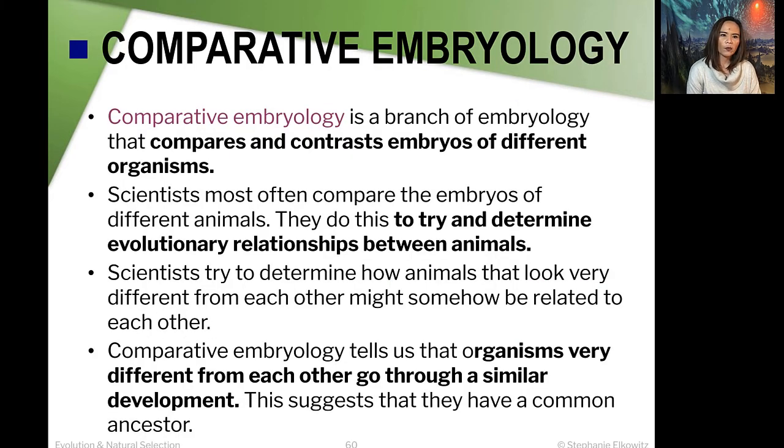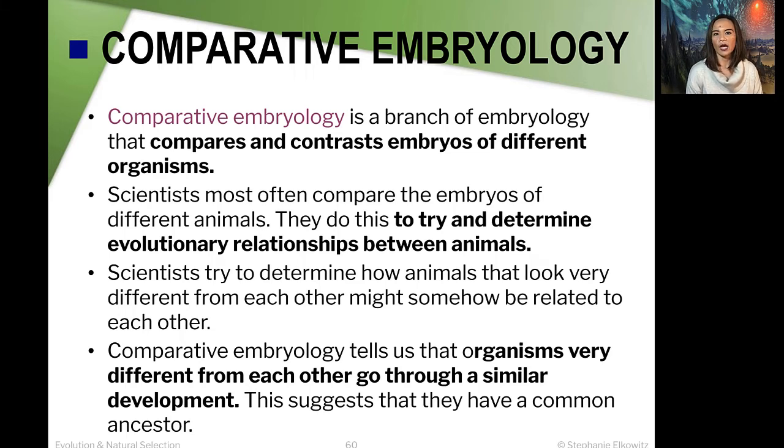Which is why comparative embryology, a branch of embryology, compares and contrasts the embryos of different organisms. Scientists most often compare these embryos because they want to determine evolutionary relationships between animals. Scientists try to determine how animals that look very different from each other might somehow be related to each other.